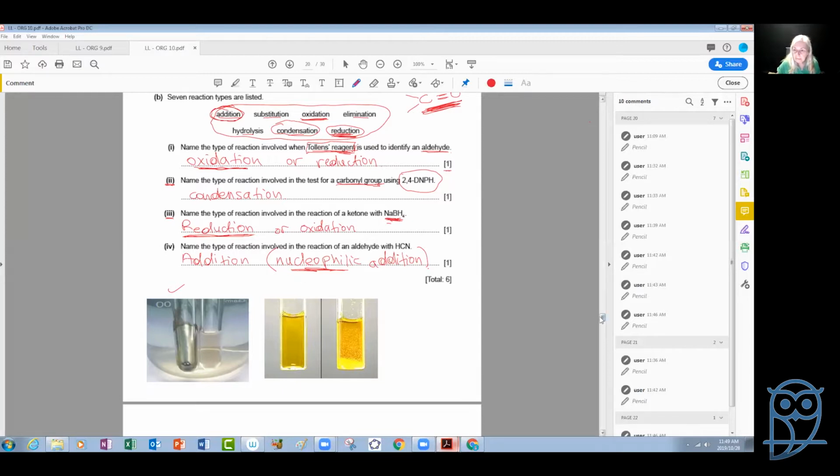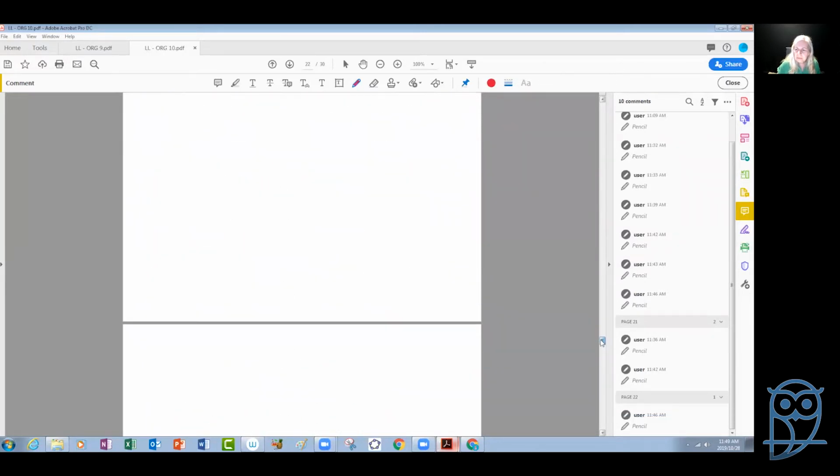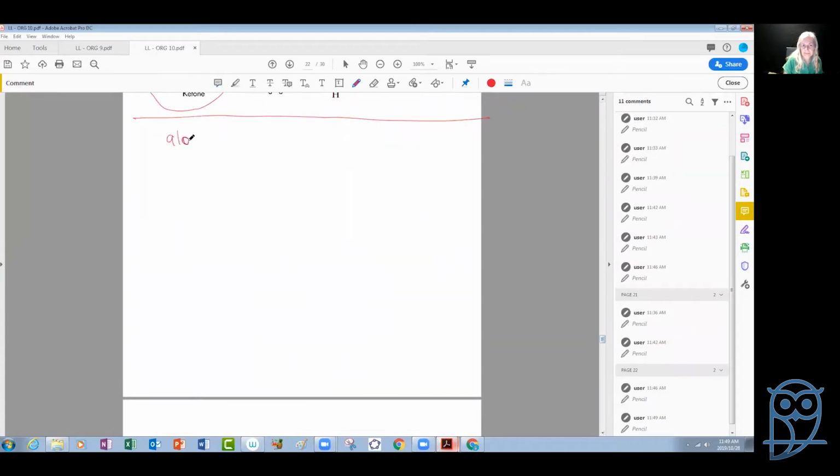And I think, okay, let us see, so what do we have? An aldehyde with hydrogen cyanide, okay. So we have an aldehyde reacting with hydrogen cyanide. And they asked, what type of reaction was that? It was an addition reaction. And we said more specifically, it is a nucleophilic addition.